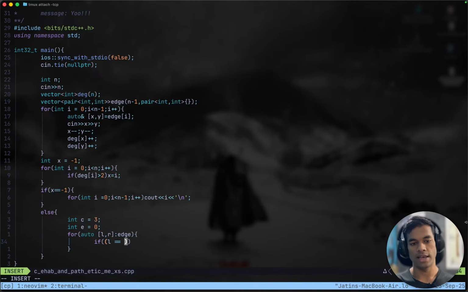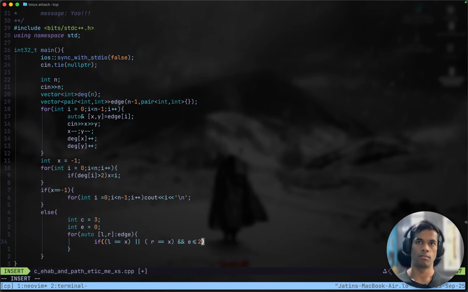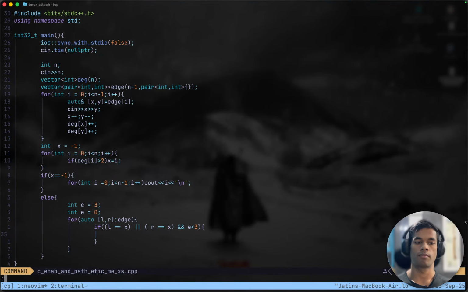If either the left node of this current edge equals x, or the right node of this current edge equals x, and if it is, we also want e to be smaller than or equal to 2. Only then, since 2 is smaller than 3, only then do we say cout e and plus plus.